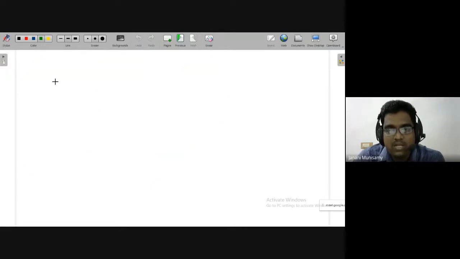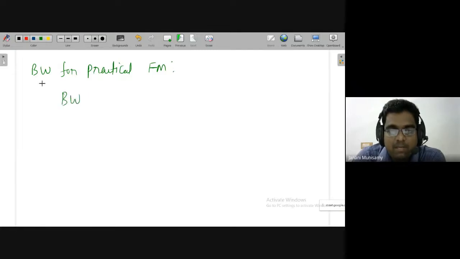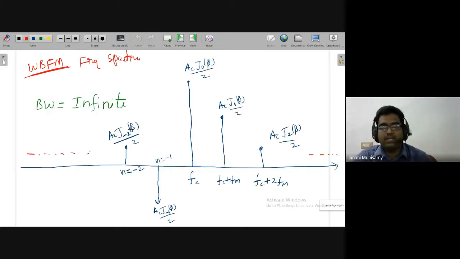That's why Carson has defined the bandwidth rule for practical FM. So now we'll define the bandwidth for practical FM. To define the bandwidth for the practical FM, you take beta plus 1 upper side band and beta plus 1 lower side band.